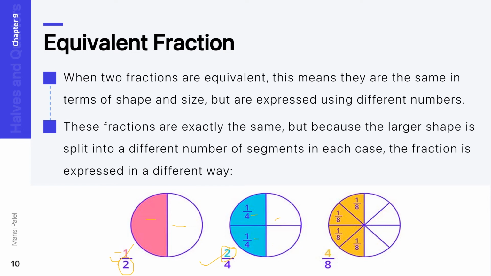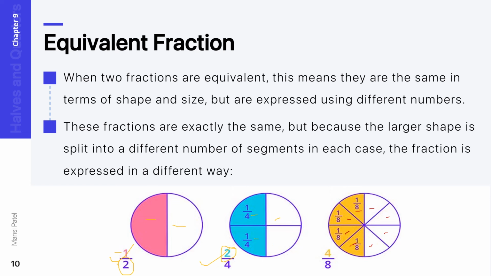Now just see the third figure. Here in the third figure, it is the same size of circle, but they are making how many equal parts? They are making 8 equal parts. First part, second part, third part, fourth part, fifth, sixth, seventh and eighth.